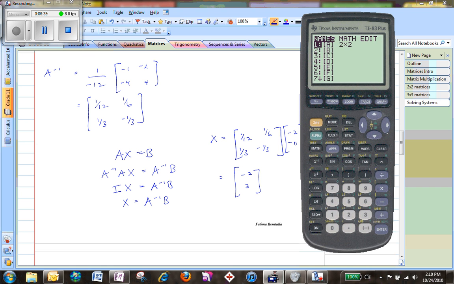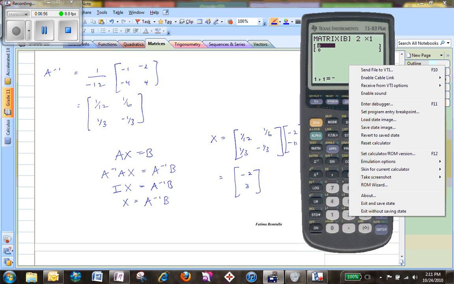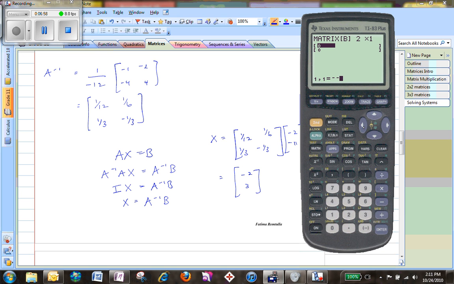Second matrix, I want to put something into matrix B. Matrix B is a 2 by 1 matrix. Its entries include negative 2 and negative 11. Great. Quit out of there as well.